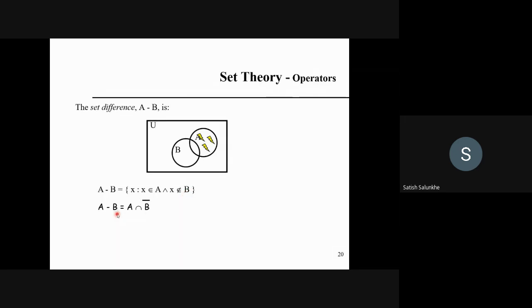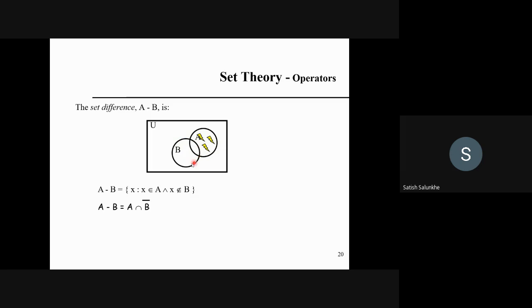This is also equivalent to, see, A minus B means excluding the elements of B from set A. That means we are eliminating the intersection part. So basically we are taking A intersection B complement.